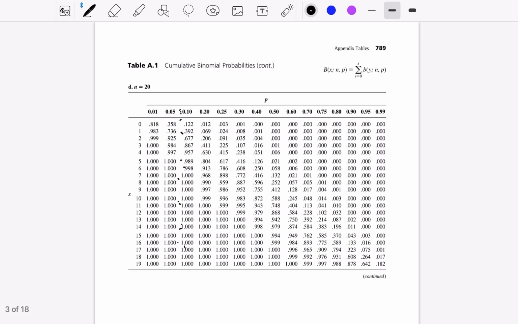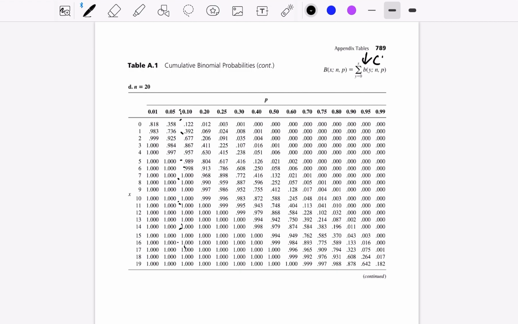So remember, this is the equivalent of your CDF in the discrete case, the cumulative binomial probabilities.